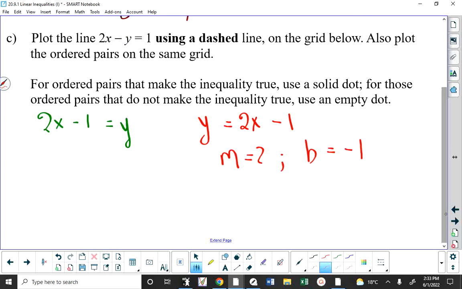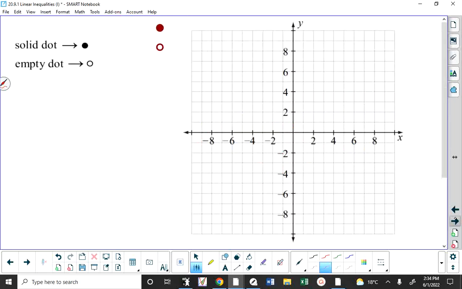And a slope of 2 as a fraction is 2 over 1, which means the rise is 2, the run is 1, which means you go 1 to the right and 2 up, 1 to the right and 2 up. So the y-intercept is negative 1. Those are just guidelines.